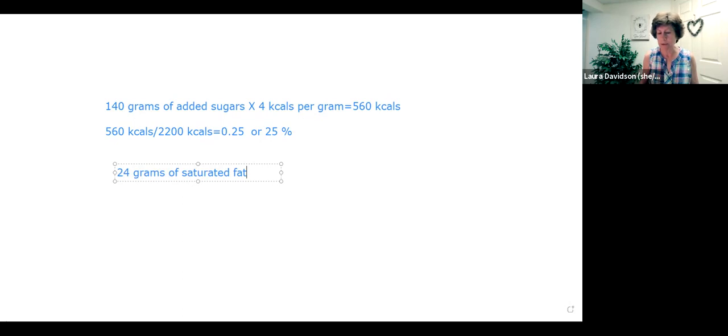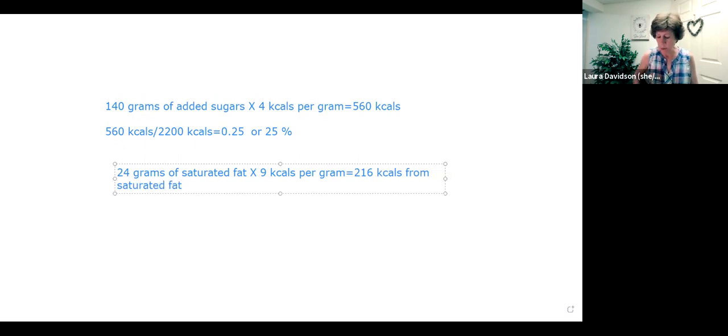And if we're going to figure out percentage of total calories, we need to multiply that. But with fat, any type of fat, you don't use 4, you use 9 kcals per gram. Okay, and let me do the math here. You can as well. That gives us 216 kcals from saturated fat.